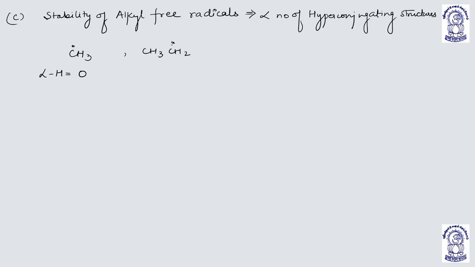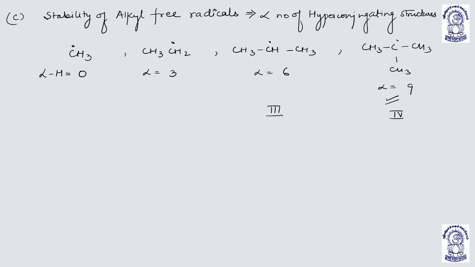Ethyl free radical, alpha hydrogens are 3. Isopropyl, alpha hydrogens are 6. And tertiary butyl, alpha hydrogens are 9. So this will be more stabilized. Understood?